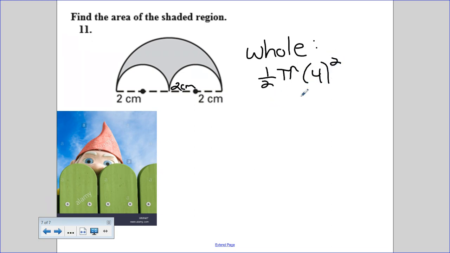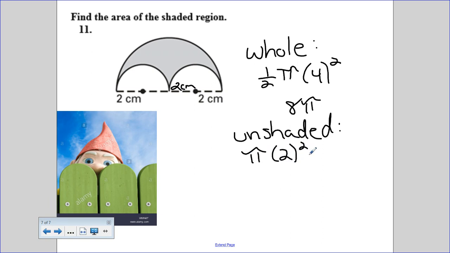So I get half of 16 pi. Okay. Now, maybe you notice that if I put these two unshaded, it's one whole circle. So if I wanted to find the unshaded, because I'm going to subtract that from the whole thing, the unshaded piece would be pi times 2 squared, which is 4 pi. What do you know? It's half of that whole thing. So I do 8 pi minus 4 pi. The area of the shaded region is 4 pi centimeters squared because it's area.